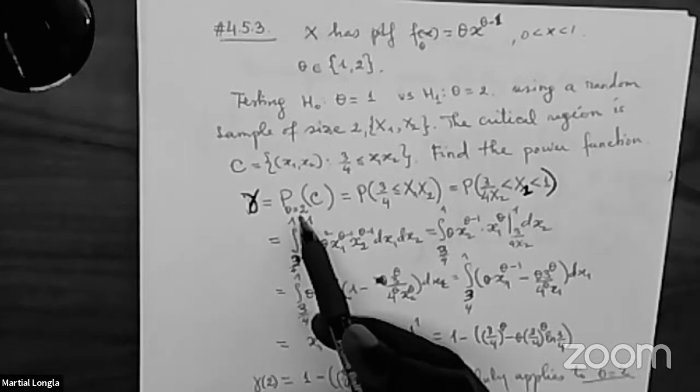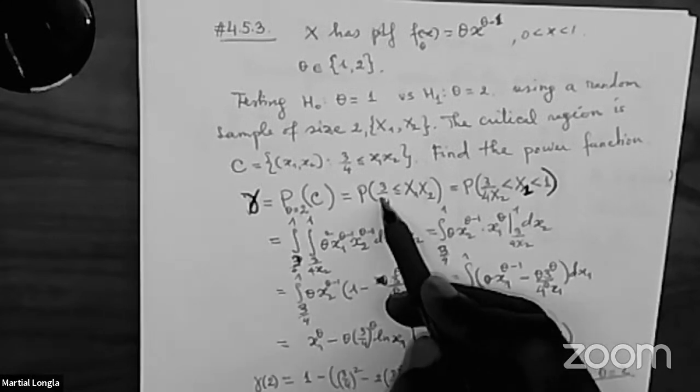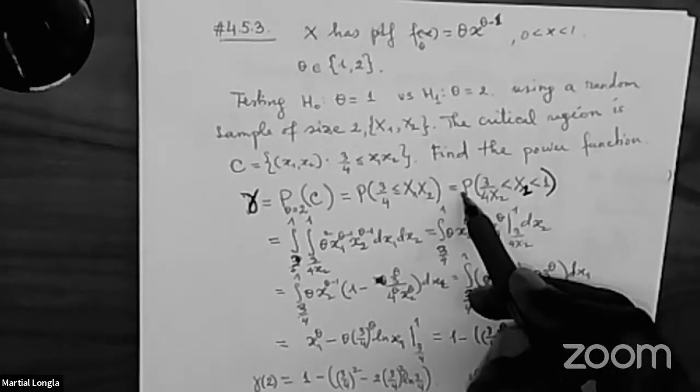So that's why I started right away, I put 2 there, because you are defining under the alternative the probability of C. And that is the probability that 3/4 is less than x1 times x2. And you want to solve this thing. It's the probability that 3/(4x2) is less than x1 less than 1.